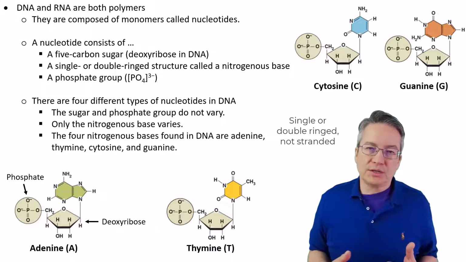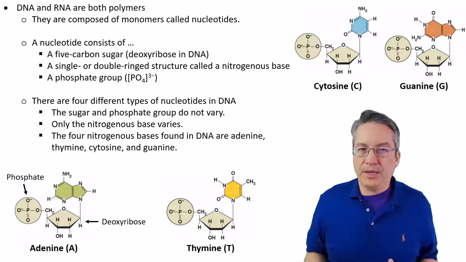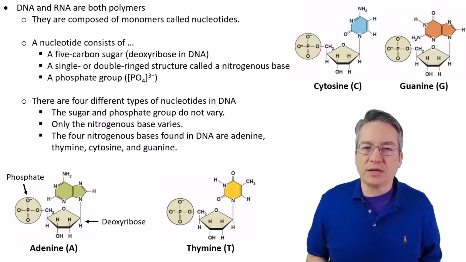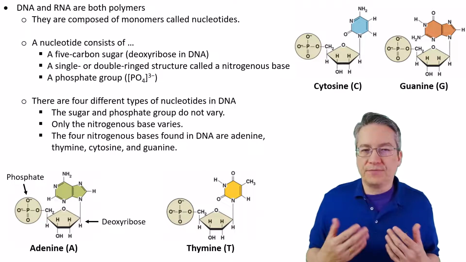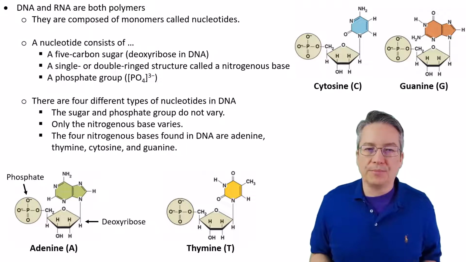It's called a nitrogenous base because it has a lot of nitrogen atoms within it. And it's a base because it is basic. It can accept a hydrogen ion from a solution. And finally, the third part of a nucleotide is the phosphate group, which is a phosphorus atom covalently bonded to 4 oxygen atoms. So it has the chemical formula PO4.